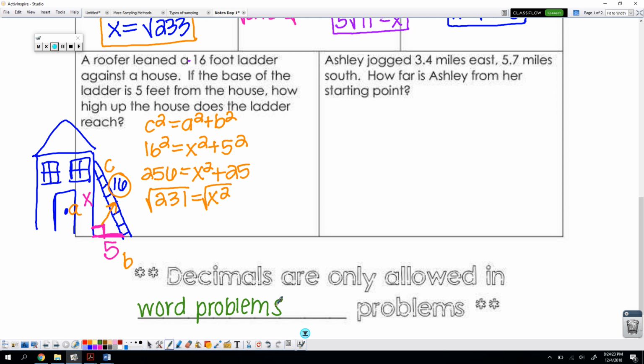Okay, so we just need to find the decimal for that. So go ahead and pull out your calculator. You can even use your phone. And our answer should be 15.2. So x equals 15.2, and it's feet. 15.2 feet. We'll just go to the 10th.